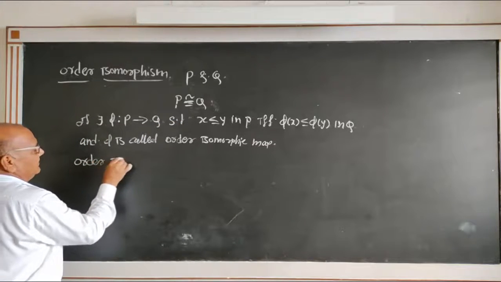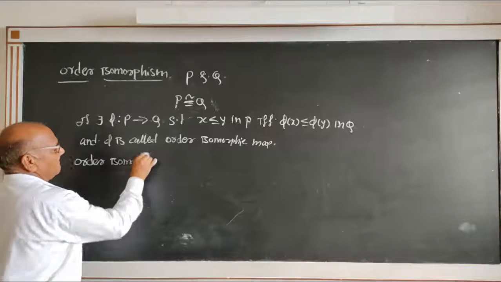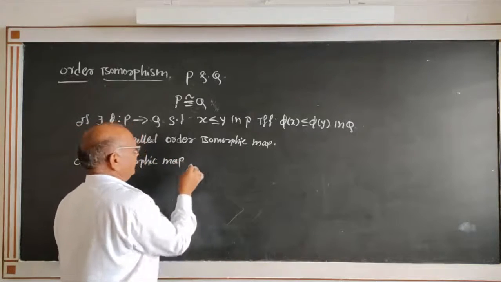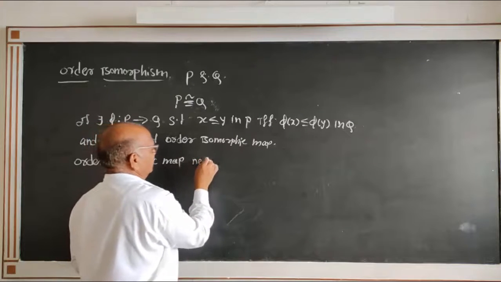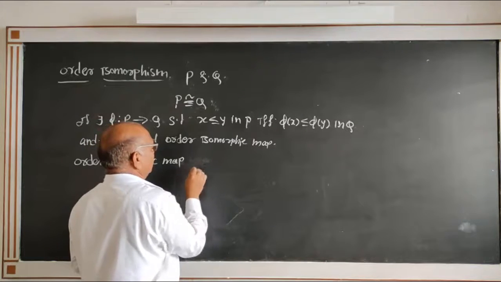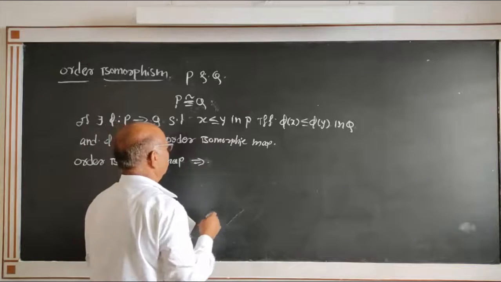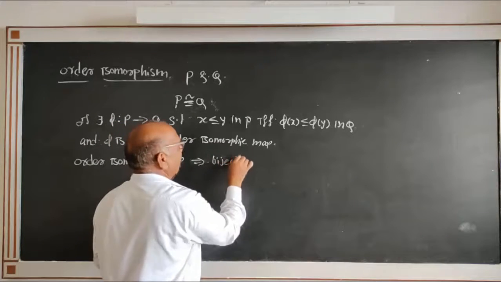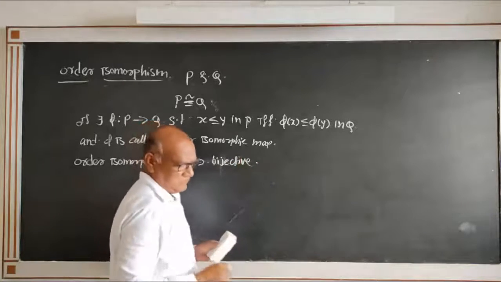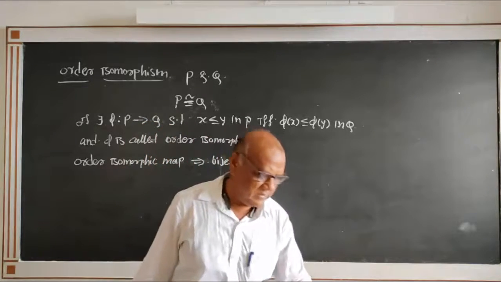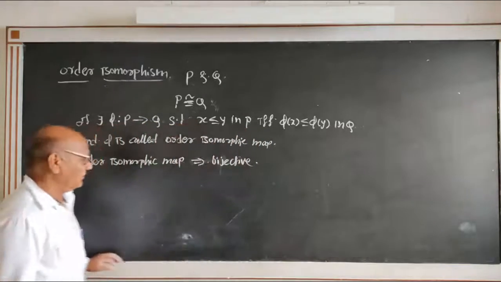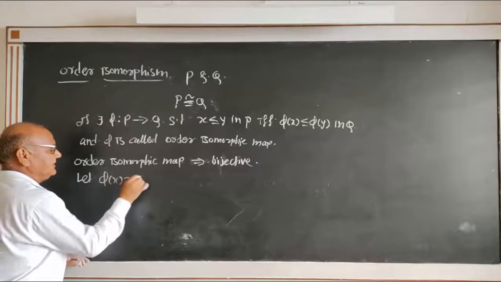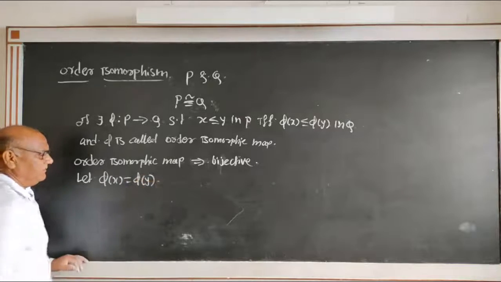Order isomorphic map is necessarily bijective. That means one-one and onto. First, one-one: let phi of x be equal to phi of y.